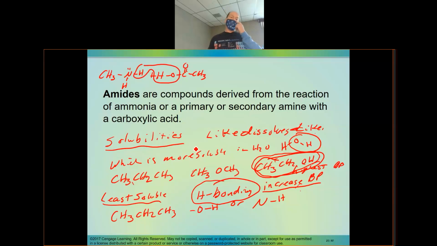All right, and so the reason why the statement here says it's got to be a primary or secondary amine is because I have to lasso an NH with the OH. If I have a tertiary amine, I do not have an NH to lasso. So I'm going to do a lasso. That means I'm doing a condensation reaction.